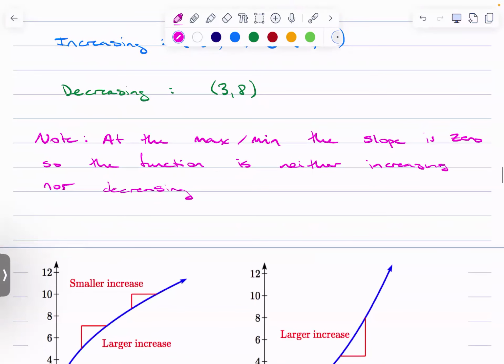And so the maximum, the slope is 0, so the function is neither increasing nor decreasing, which is why it is excluded from the intervals above.